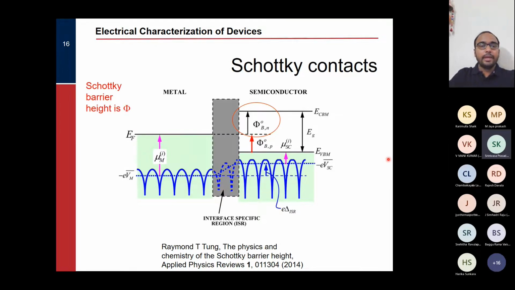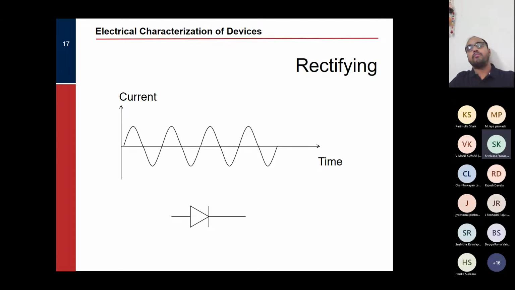Now here, if let's say electrons are the majority, then we say that Schottky barrier height is phi. And so if there is a barrier, then the current-voltage dependence will show a rectifying kind of behavior, which means that only one half of an AC signal will flow and the other half will be completely blocked.